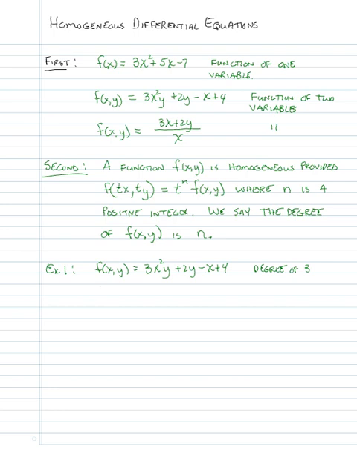That is, if we replace x with tx and y with ty, then what we'll have is 3 times, instead of x squared, tx that squared, and instead of y, we'll have ty. And of course, the plus 2y, y is being replaced with ty. And the minus x, well, x is being replaced with tx. And then plus 4.